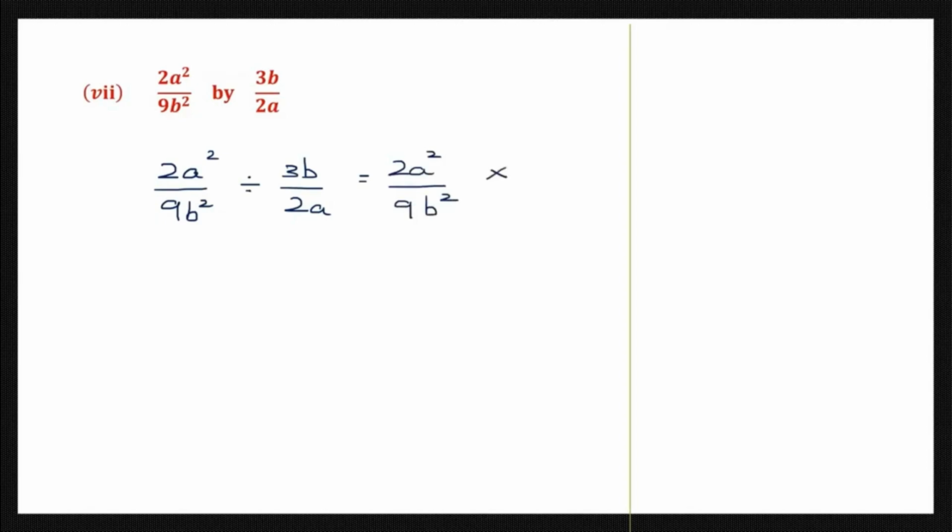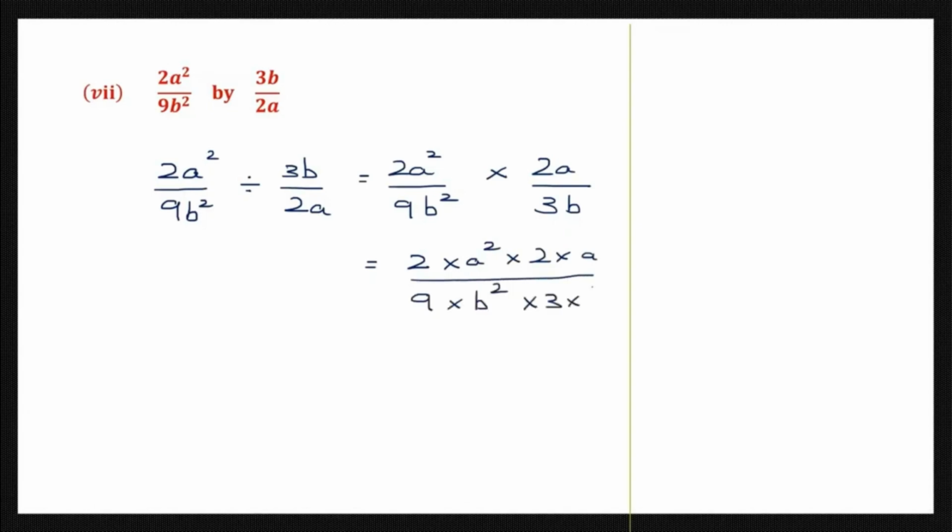Division changes to multiplication, and the other fraction we write the reciprocal. So that becomes 2a by 3b. So here what do we have? 2 into a to the power of 2 into 2 into a. This is what we have in the numerator. And in the denominator, 9 into b to the power of 2 into 3 into b.